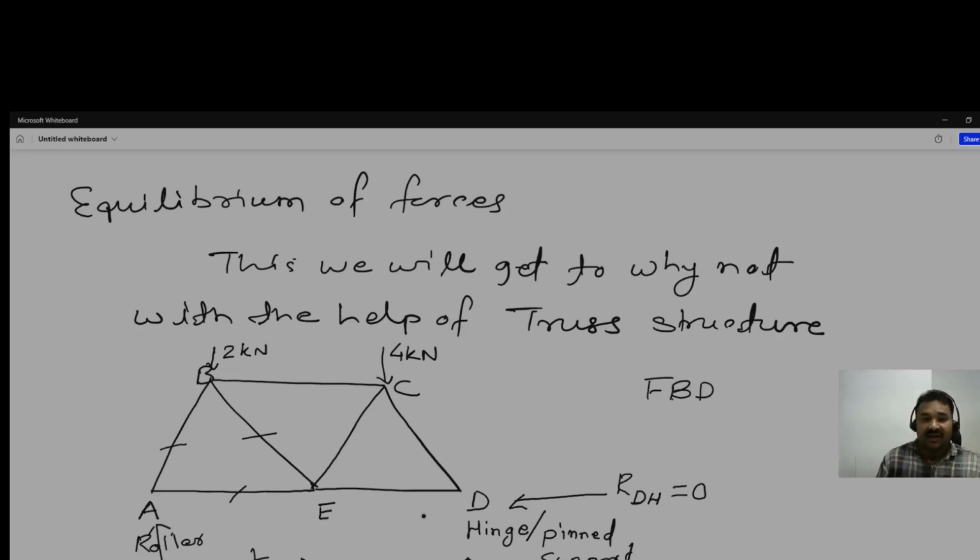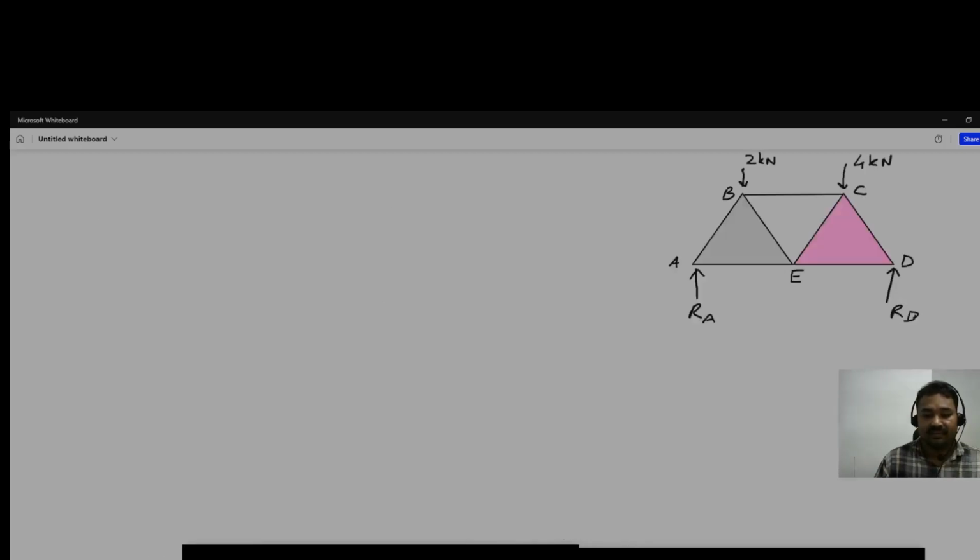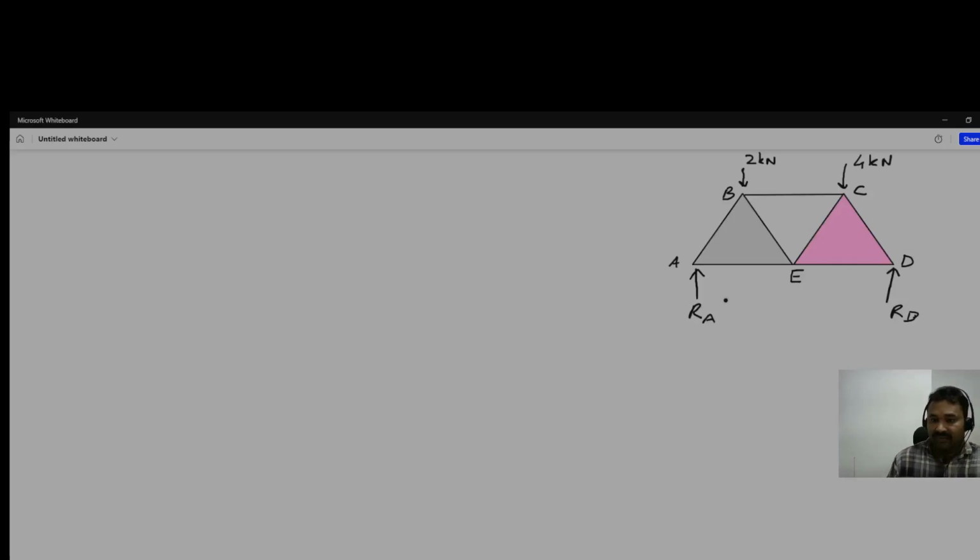Now after this, as we have the truss structure, labeling we can give: 2D truss carrying loads.